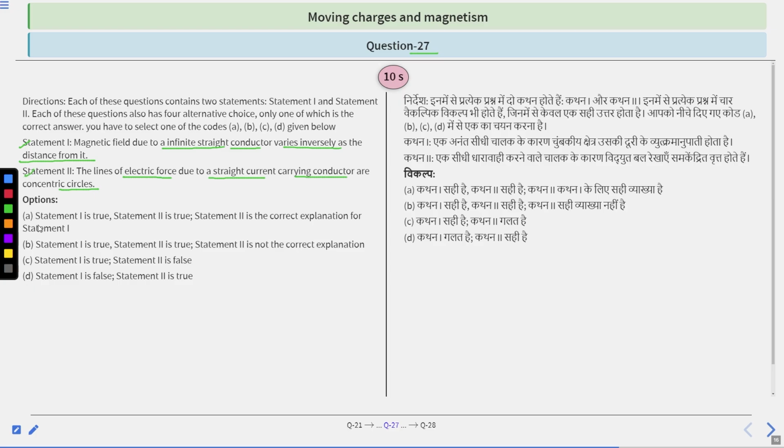Option A, statement first is true, statement second is true, and statement second is the correct explanation for statement first. Option B, both are true, but statement second is not the correct explanation for statement first. Option C, statement first is true, statement second is false. And option D, statement first is false, statement second is true. You have 10 seconds to solve this question. After 10 seconds, we will provide the solution.